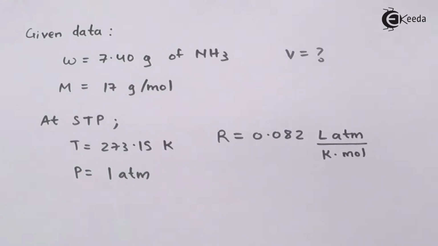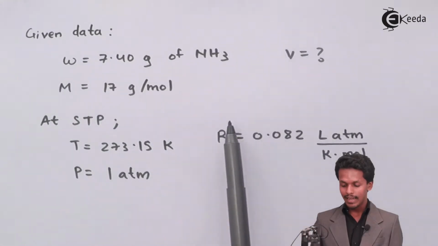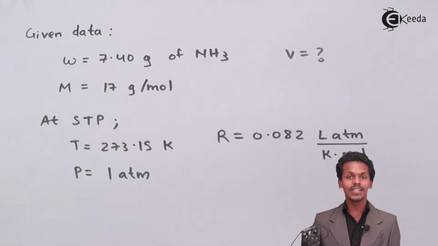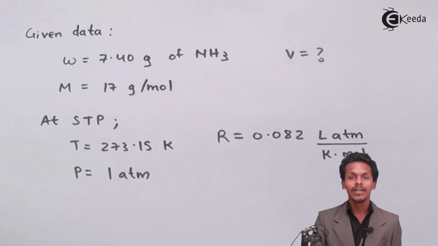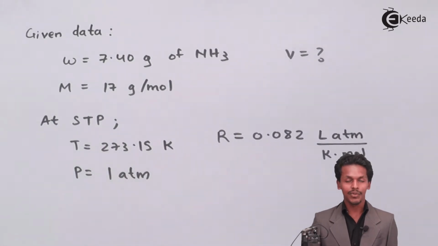Now it would be very easy to solve the numerical. Because this is based on the ideal gas equation, even if you don't know which equation the numerical belongs to, you could predict it, since the pressure, temperature, volume and the gas constant R are mentioned. So they are talking about the ideal gas equation itself.